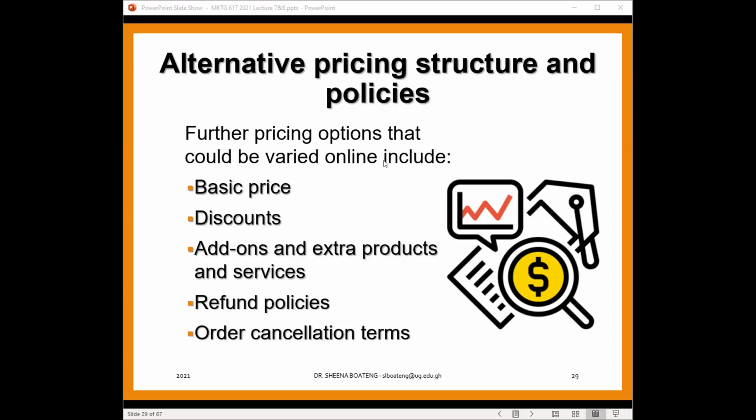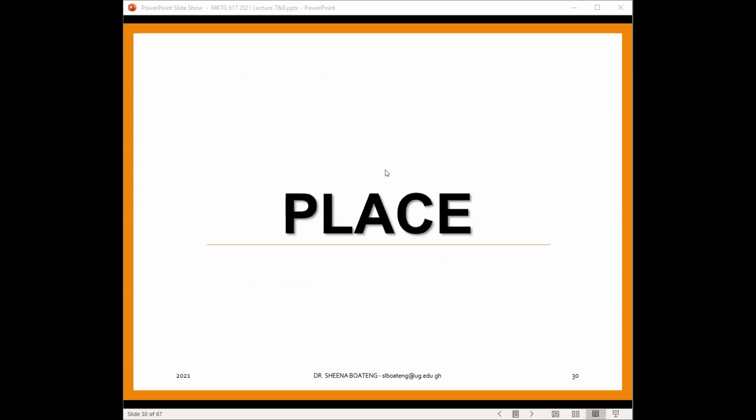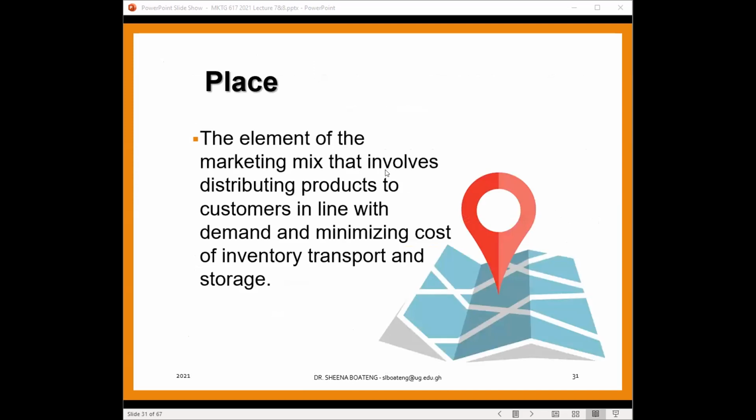Now, the last element we are going to discuss today is the place element. This has to do with the element of the marketing mix that involves distributing the product to customers in line with demand and minimizing the cost of inventory, transport, and storage.